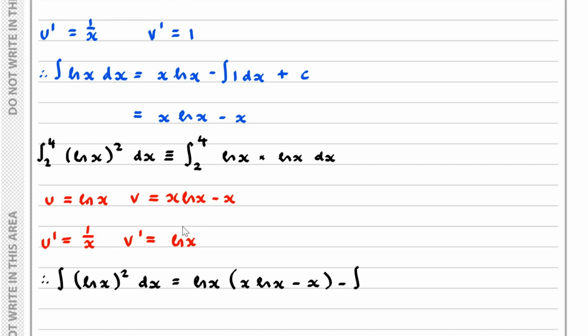So here we've got v u dash, we've got 1 over x multiplied by x times the natural log of x minus x.